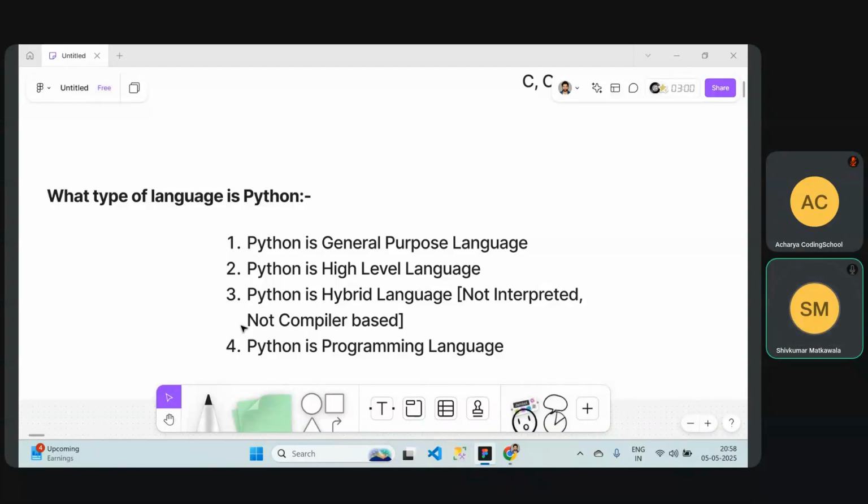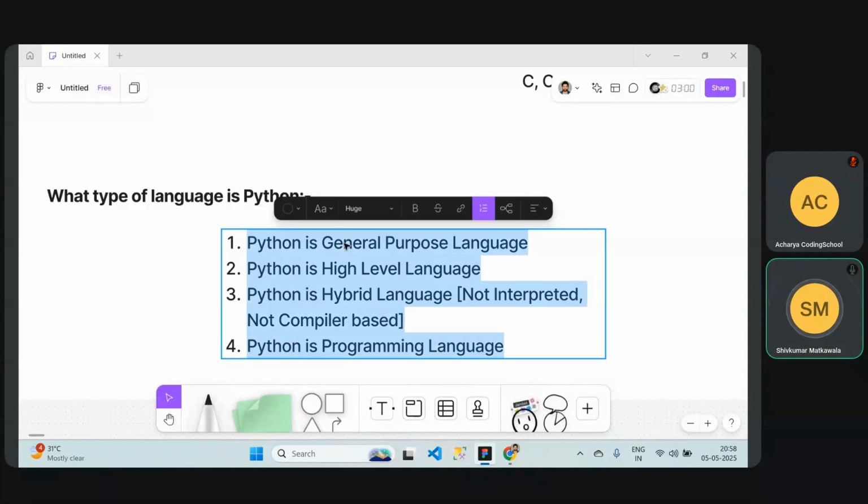Guys, Python is a general purpose language. What is meant by general purpose? General purpose means it's very simple. It is used in most of the domains of IT, not specific to a particular domain. Python is used across domains.